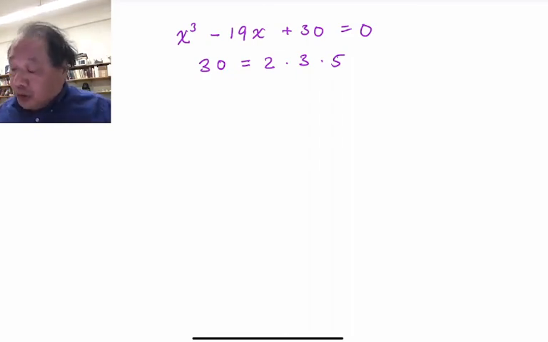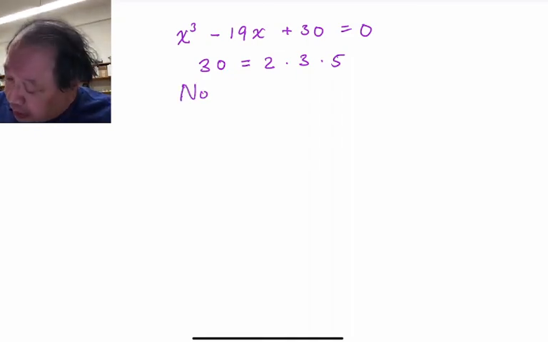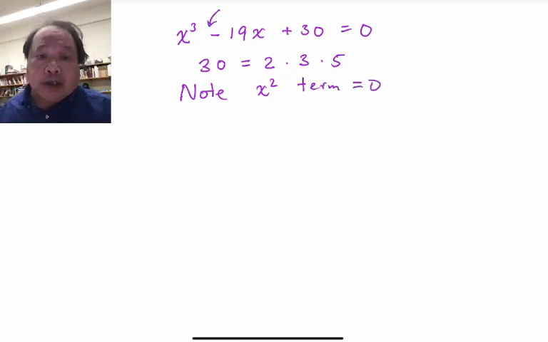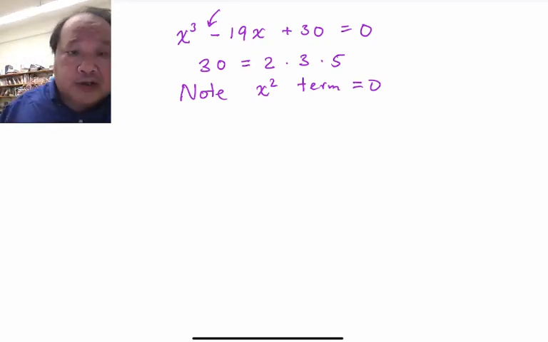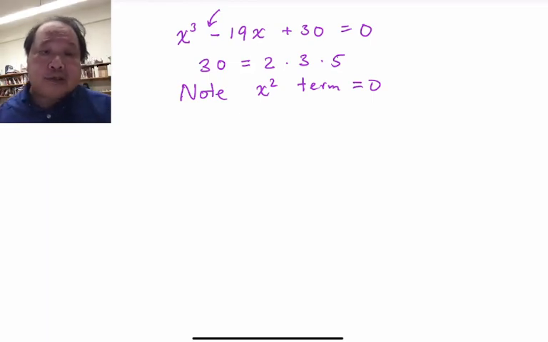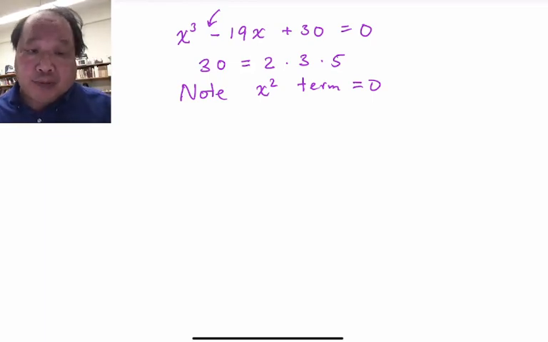And we also note that there's no x squared term in this expression, so the x squared term is equal to 0. So see what you can do with knowing what the prime factors are and that the x squared term is 0 to see what insights you can get from that. So pause the video, see what you can come up with.